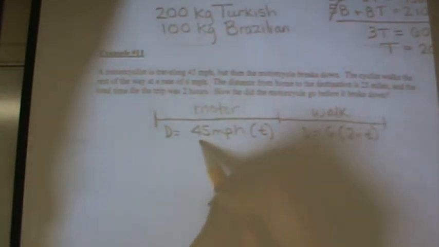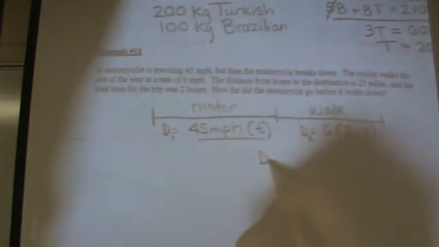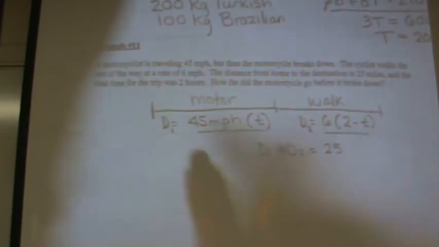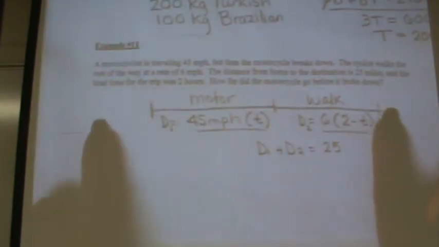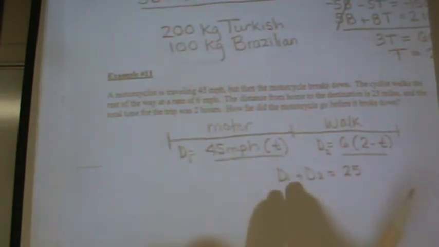And we know that this distance plus this distance is equal to what? We'll call that D1 and this D2. The distance on your motorcycle plus the distance walking is 25 miles, because that's how long it is from here to here. So can I substitute this in here?